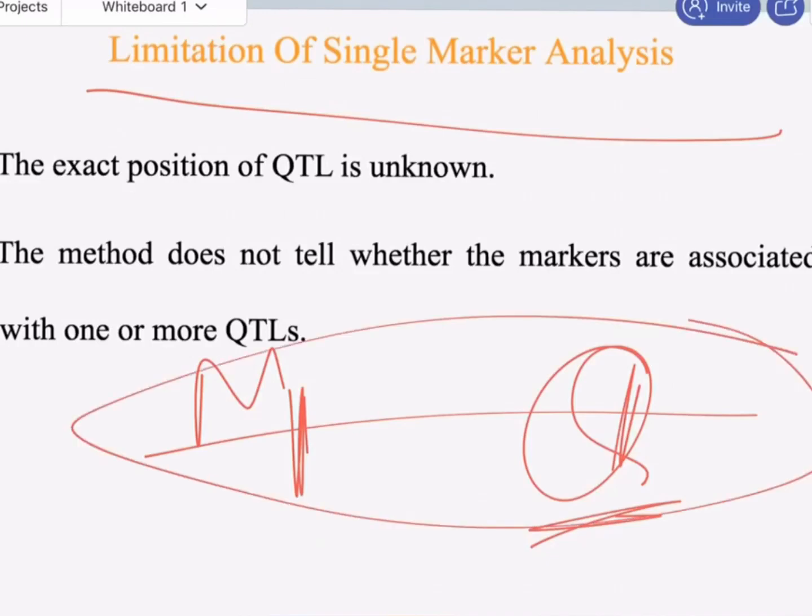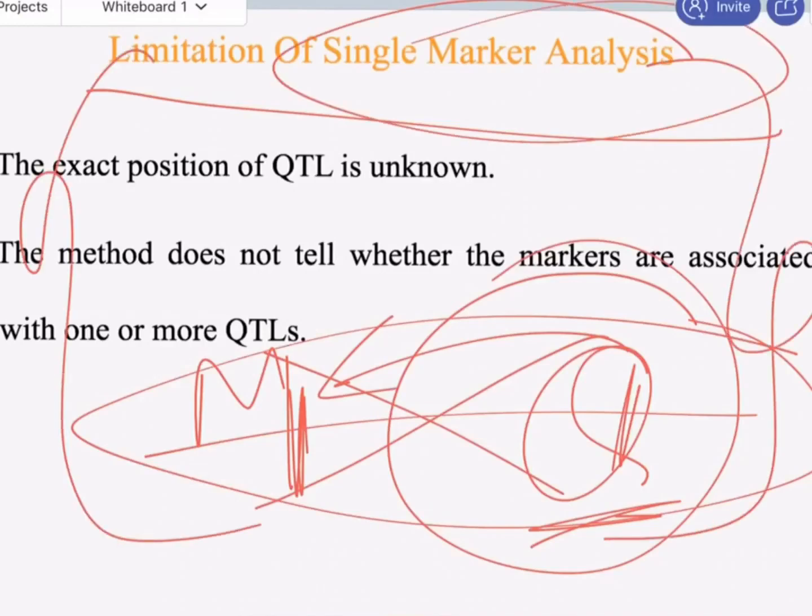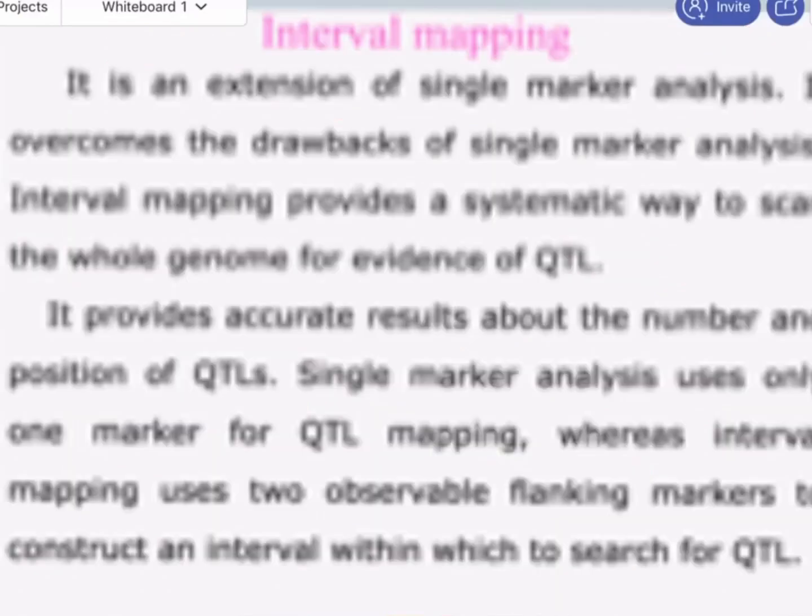And in some cases, there is a possibility of recombination between the marker and QTL. Now, what is the cause of the magnitude effect of QTL? We can't know that with the help of single marker analysis. So these are the disadvantages, the limitations that occur when we are using a single marker.